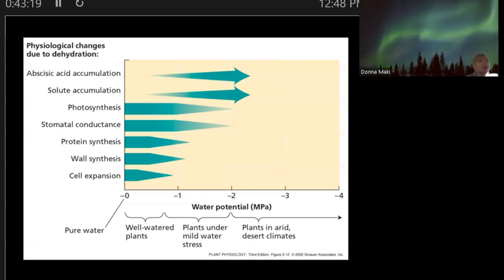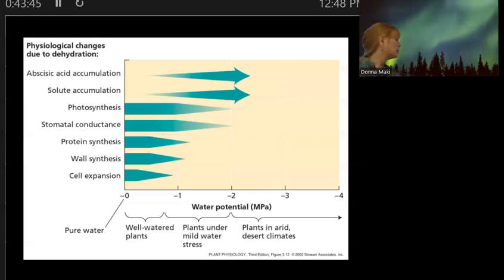It's like -0? Anyways, so somewhere between 0 and -1-ish is a well-watered plant. If you take your water potential equipment and you start to see it dropping to -1 and worse, you know that plant is under some water stress. And then you can adjust your irrigation appropriately, right?